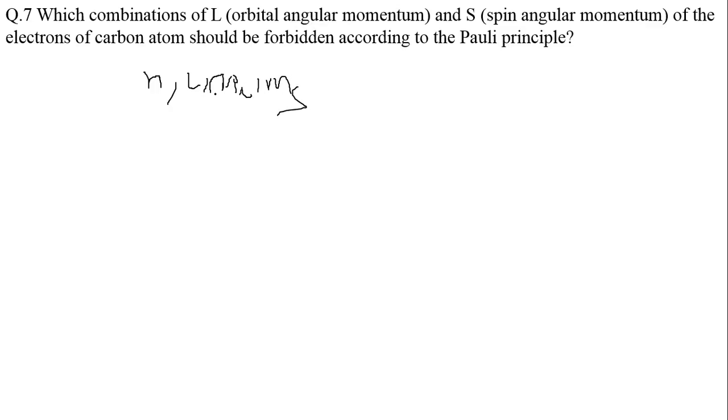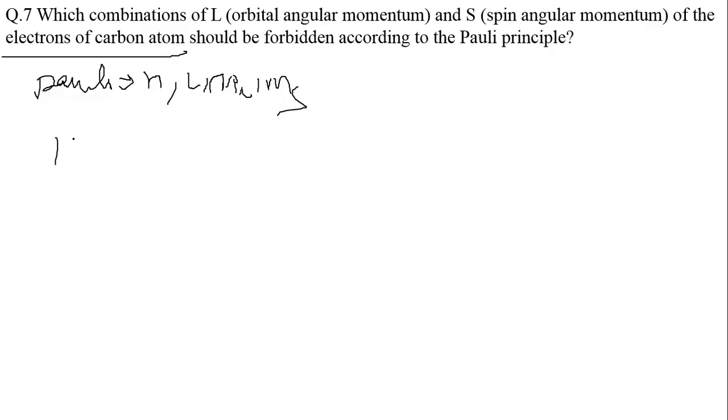So, according to Pauli's exclusion principle, no two electrons in an atom can have all the four quantum numbers same. So, here we want to calculate the combinations of L and S for electrons of carbon atom. We discussed a few minutes before the Aufbau principle, which gives the distribution of electrons in a multi-electron atom.